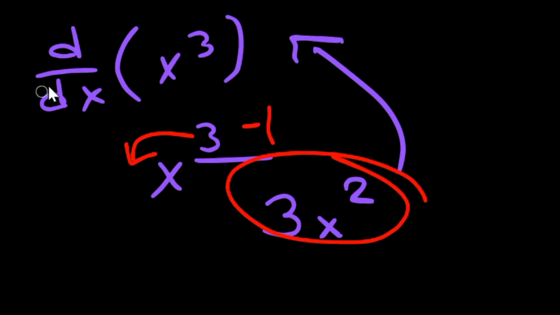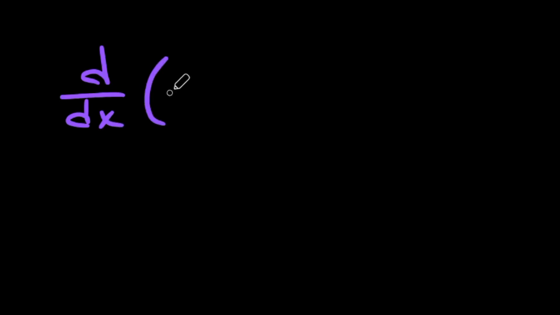Now here's a problem to try on your own. What is the derivative of 3x squared? Go ahead and try that one for yourself. Now, this involves a bit of a deviation from our original equation, but the principle stays the same.